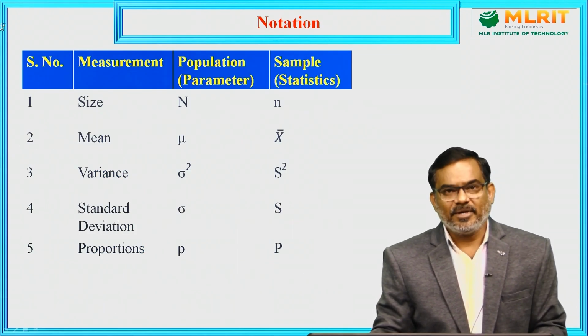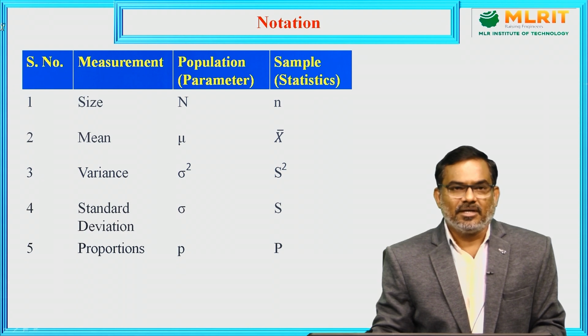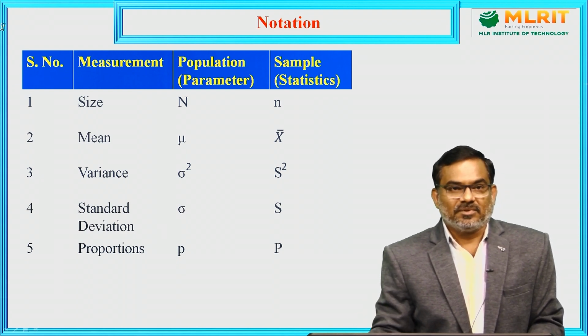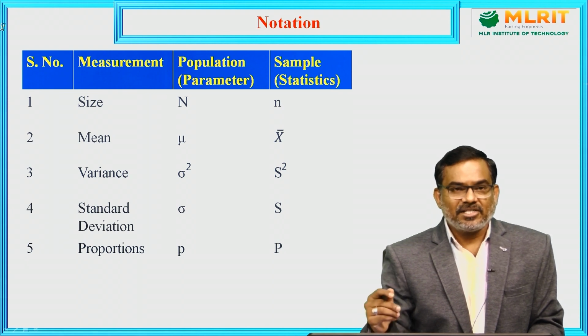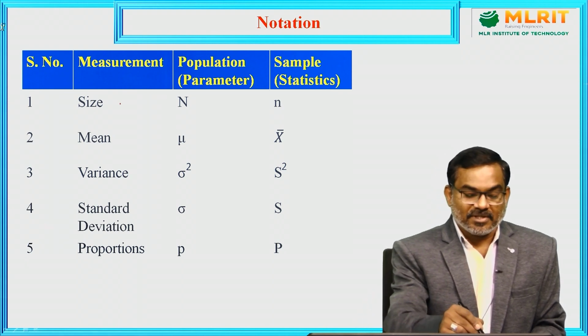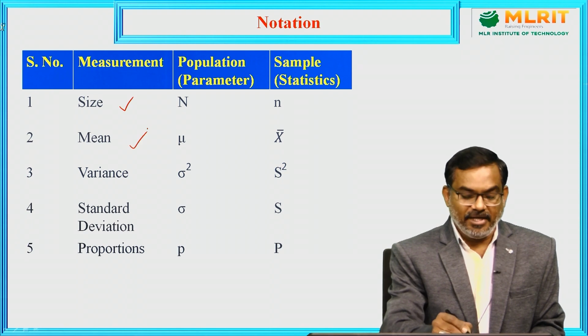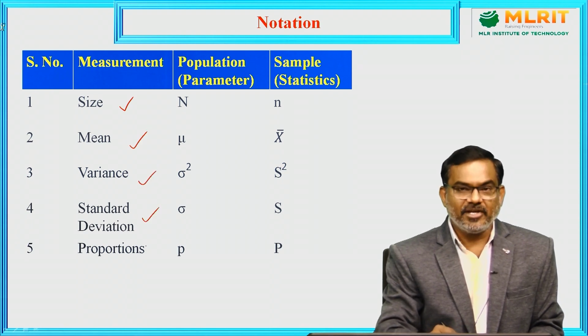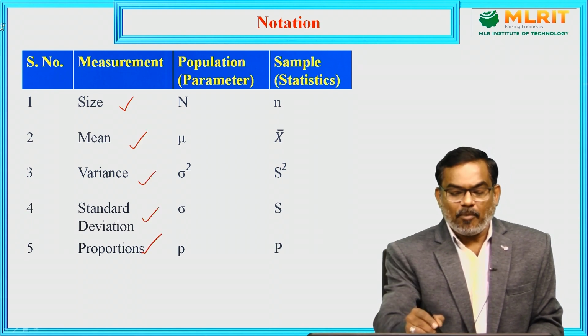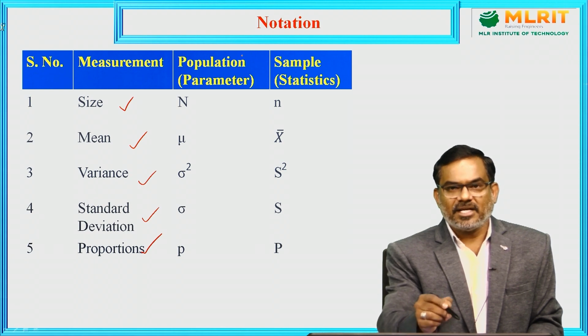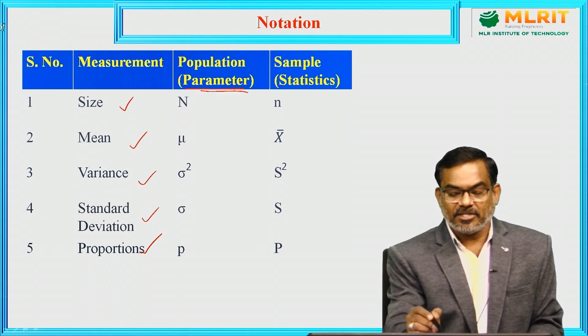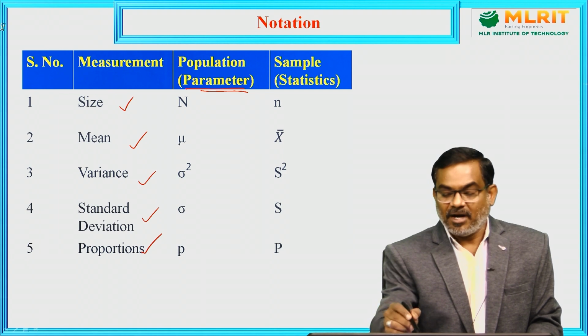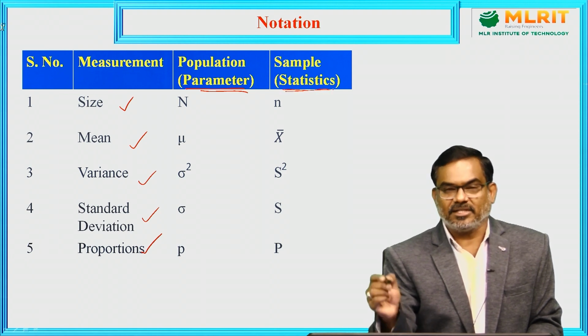Now coming to the notation that we use in testing of hypothesis. Here the statistical measurement that we calculate, for example size, the mean, variance, standard deviation, proportion. Now for population, if we calculate any statistical measurement, that is called parameter, just now we defined, and for a sample, that is called statistic.